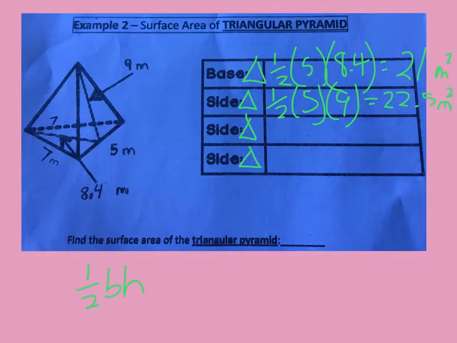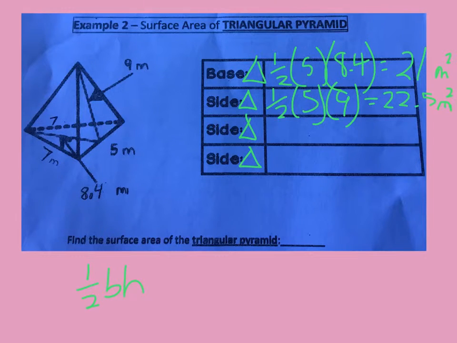All right, so now I'm going to go to my next triangle, and I can see the base of this triangle is 7, and the other triangle in the back is also 7. So they will actually have the same base and the same height, because the height is still 9. So these are going to be identical triangles. If I find one, I can use the same area for the other one.